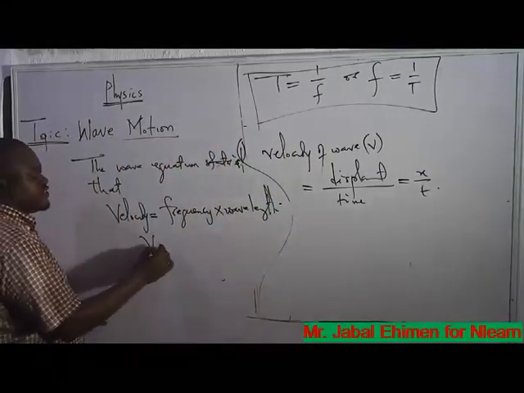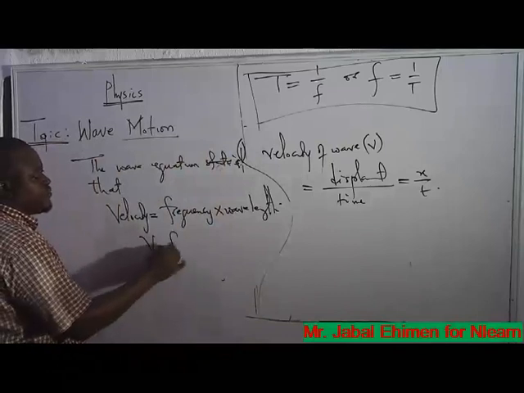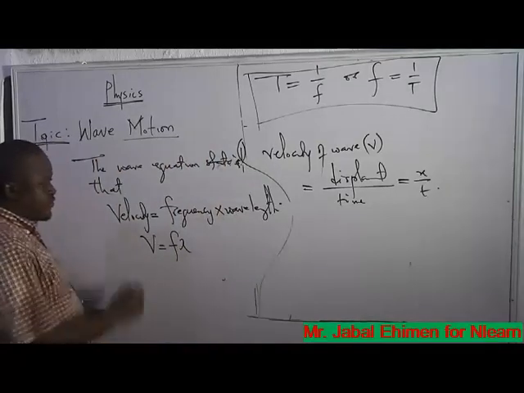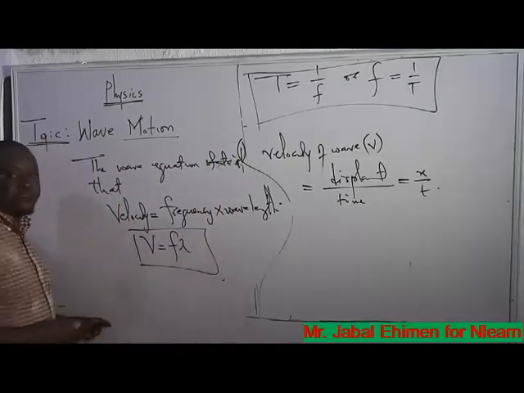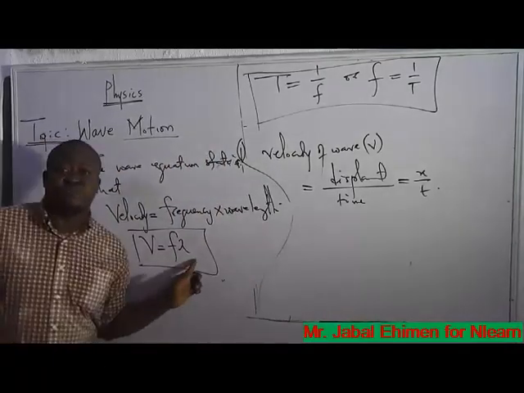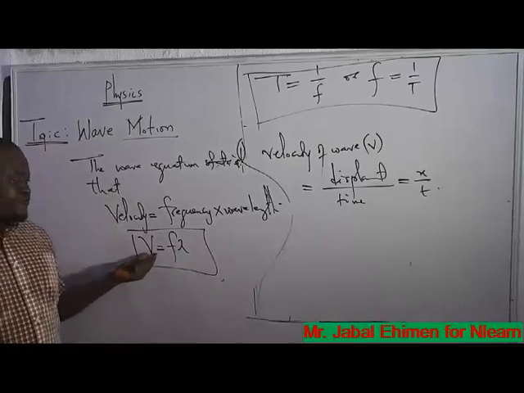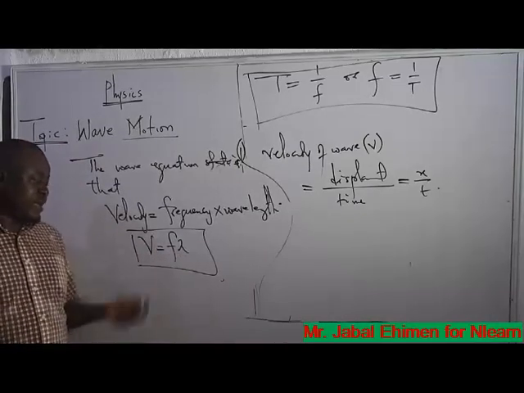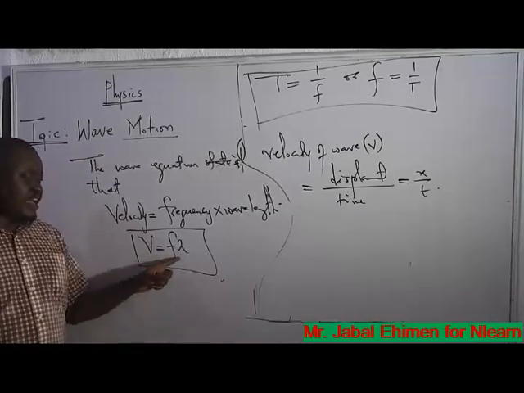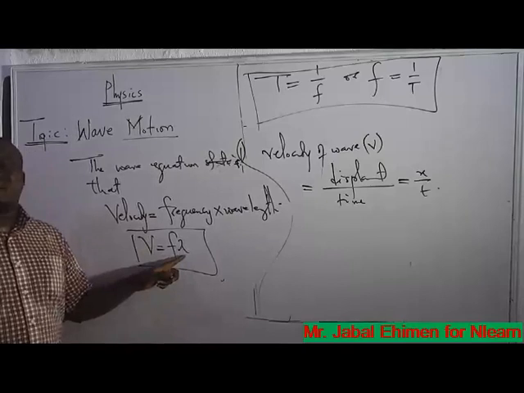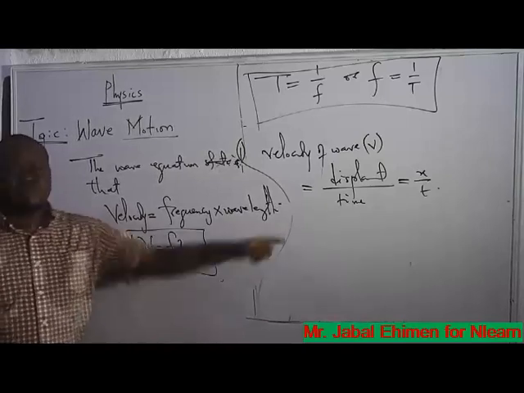So velocity is equal to f lambda, where lambda stands for wavelength. This equation is one of the most important equations, if not the most important equation, in the theory of wave. So always remember that V is equal to f lambda. V stands for velocity, f stands for frequency, and the lambda sign stands for wavelength.